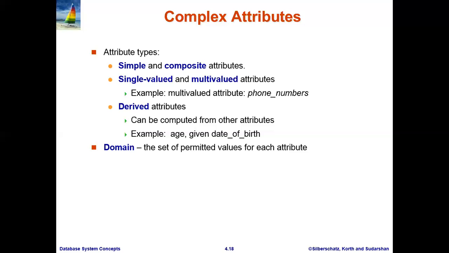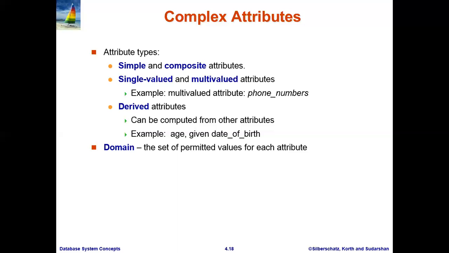Now the fifth and last one is derived attributes. Derived attributes are those attributes which are computed from other attributes, or which are evaluated, generated, or derived from other attribute values. Such attributes are called derived attributes. An example can be age.